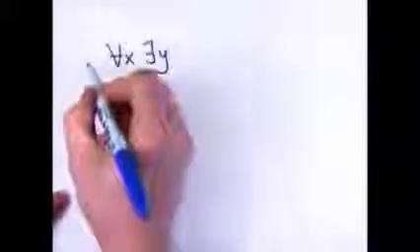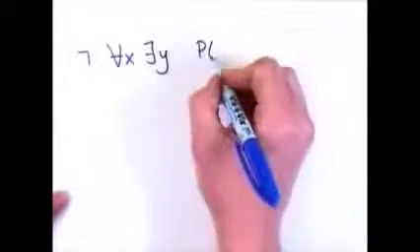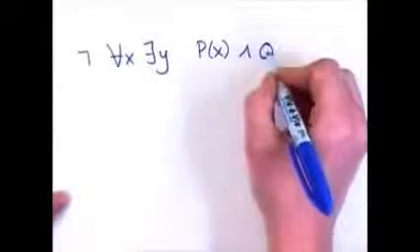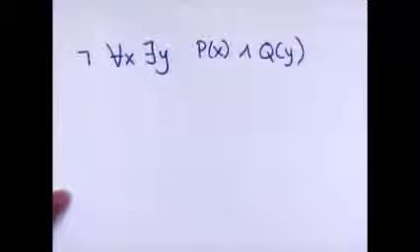Okay, so now that we've learned this rule, let's get a little bit of practice using it. Actually, let's talk about combined quantifiers. We're not going to talk about what this means yet. After the for all x, all the x's go with the for all x, and after the there exists y, all the y's go with the there exists.